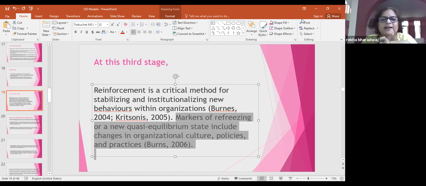So therefore, it is important that in the performance appraisal, we say that we are appraising you for how you have performed as a member and what contribution have you made to this particular team in which you are working. And that becomes an important part of the appraisal. Only then will the shift in people's behavior take place, right?